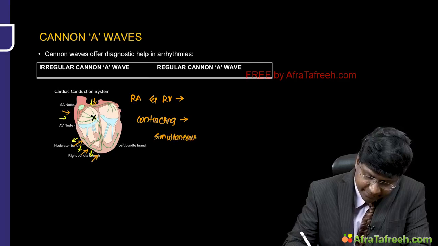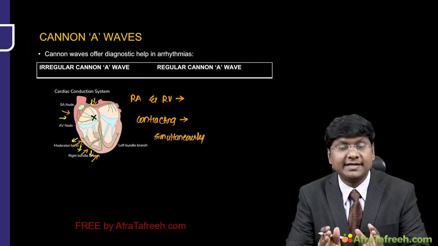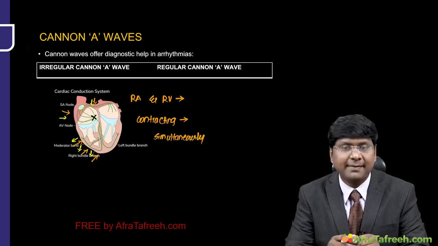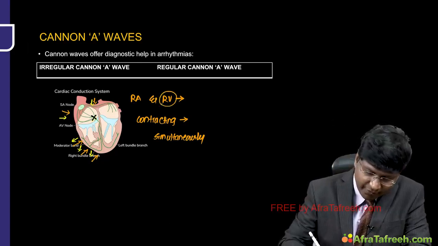What will happen? When both the right atria as well as the right ventricle are contracting simultaneously, the right atria has to contract against the closed tricuspid valve. Why? Because when the right ventricle is contracting, what will happen to the tricuspid valve? The tricuspid valve closes.